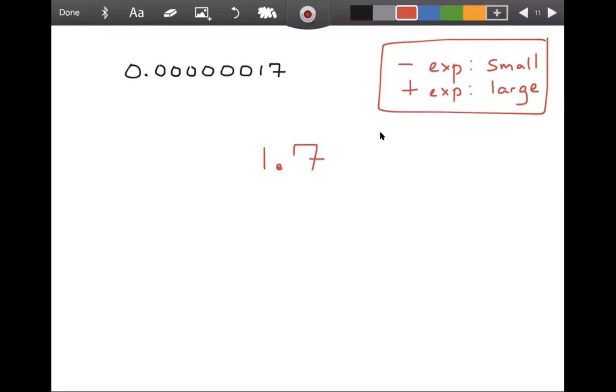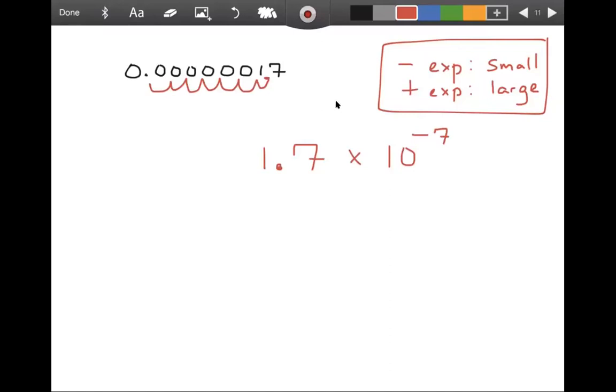So if the decimal point was here, we would go 1, 2, 3, 4, 5, 6, 7. And this number written in scientific notation is 1.7 times 10 to the negative 7, which is 1,700 millionths. So that's an even smaller number than 48 10 millionths.